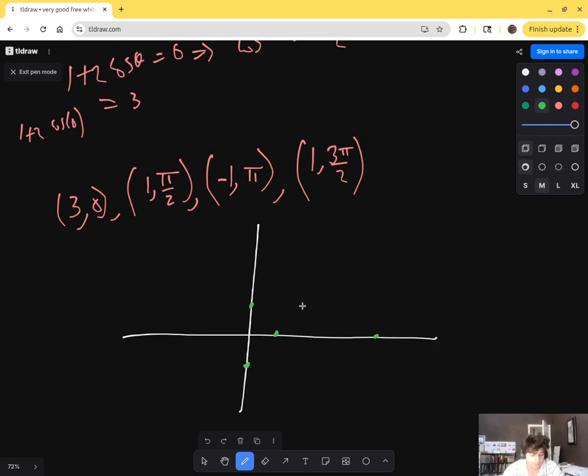So now how do we draw this? Let me draw this point a little bit more right here. And right here. So it's going to be kind of like this.